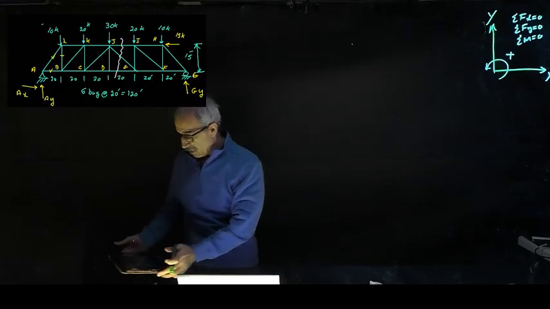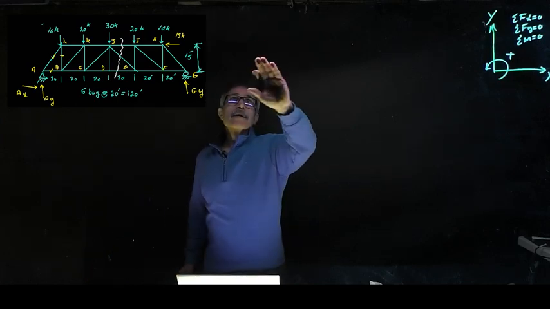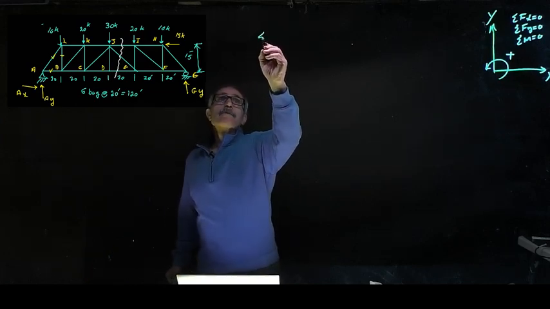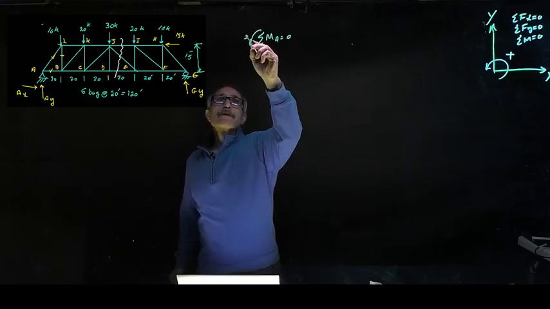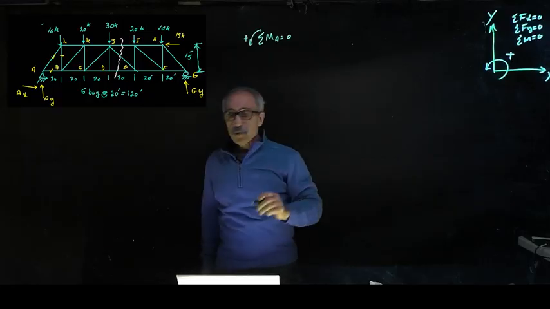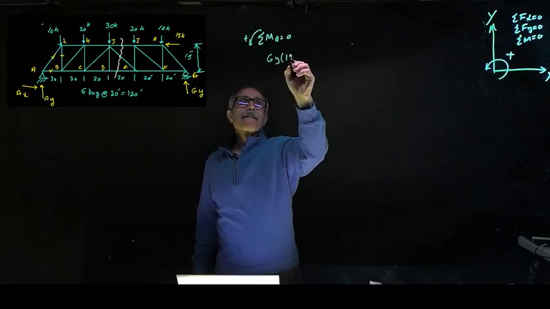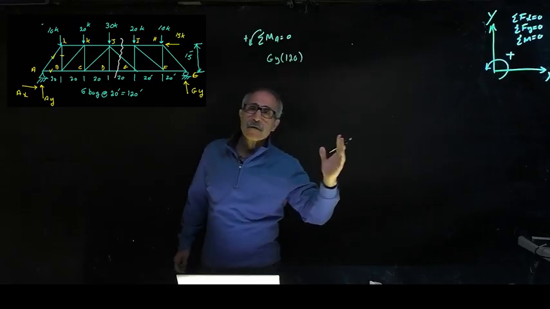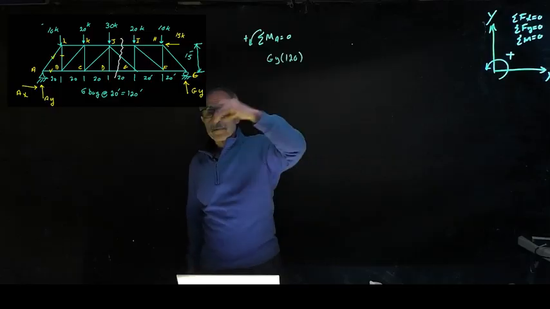And one of the things we're going to do first is take a moment about point A. Summation of moments about point A is equal to 0. Counterclockwise is positive. Start from one end to the other end. We're going to have Gy times 120, starting from left to the right, and that's going to be counterclockwise, so it's going to be positive.